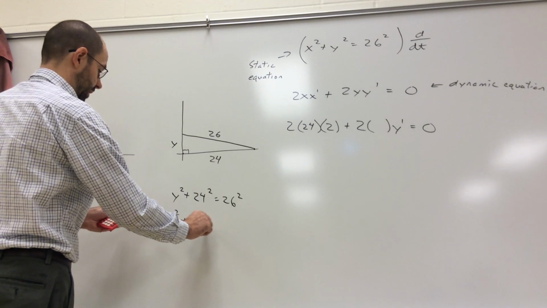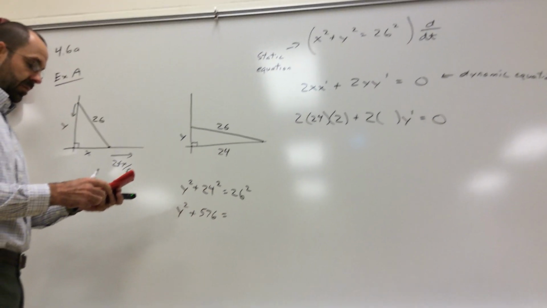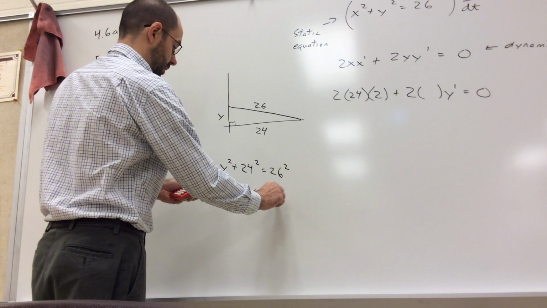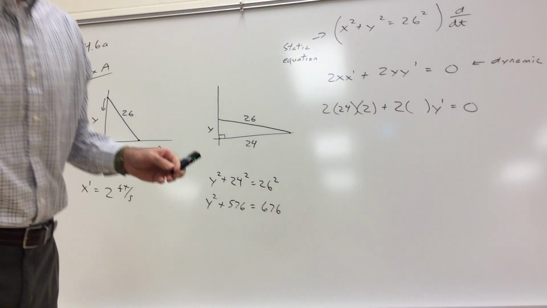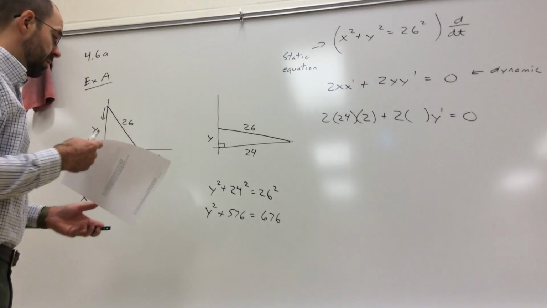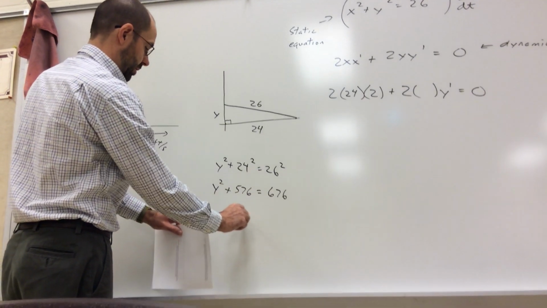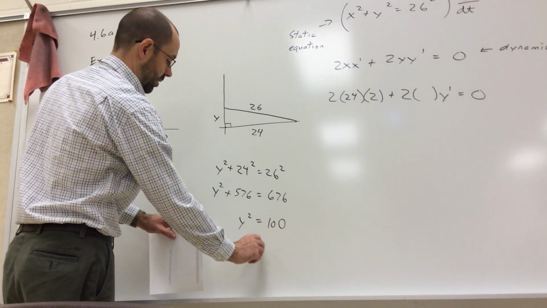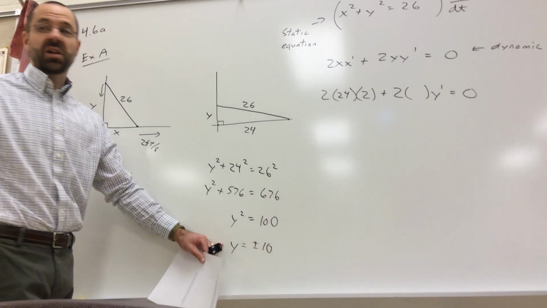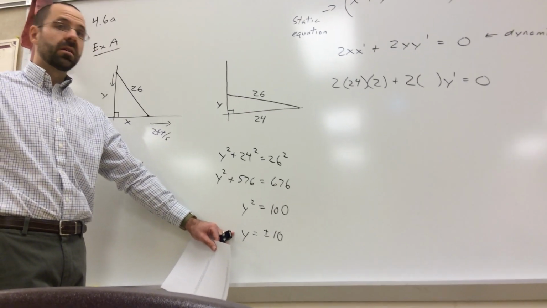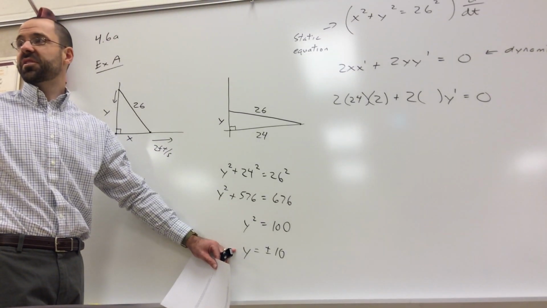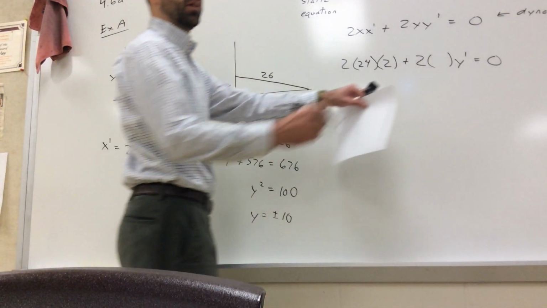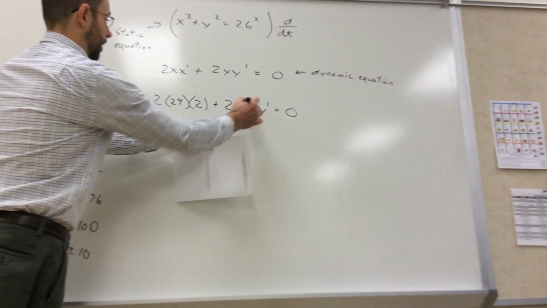That's 576. So minus 576, and you get 100. Take the square root, you get positive negative 10. Of course, the positive 10 is the one that applies in this case. So now I can come over here and put a 10 here.